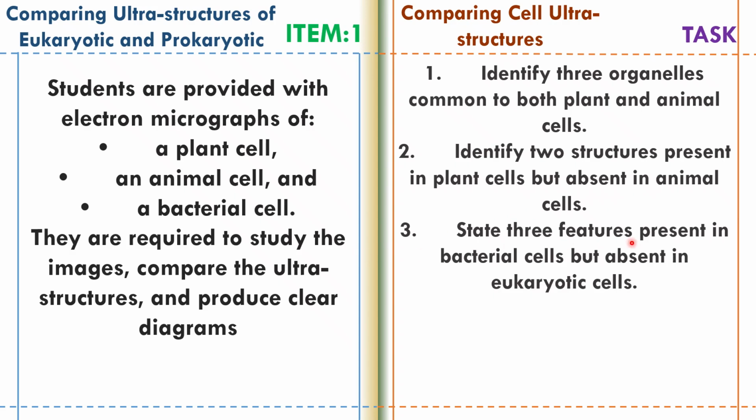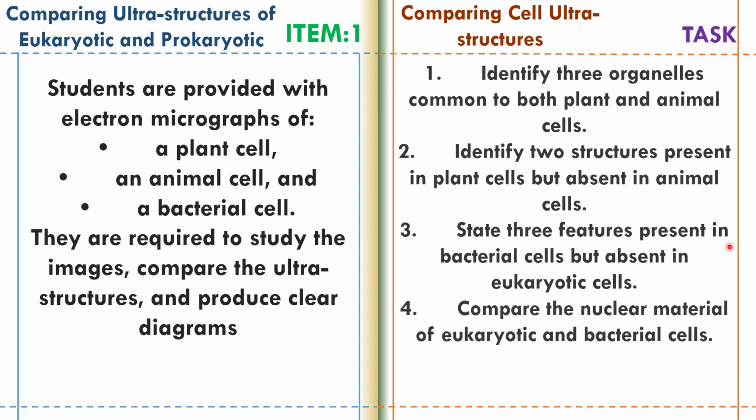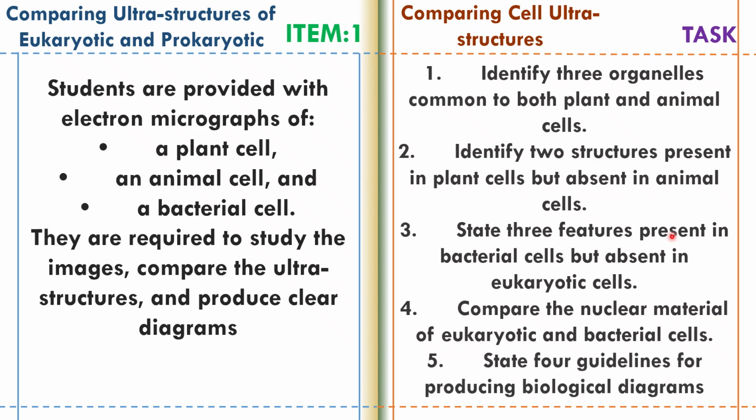State 3 features present in bacterial cells but absent in eukaryotic cells. Compare the nuclear material of eukaryotic and bacterial cells. State 4 guidelines for producing biological diagrams.